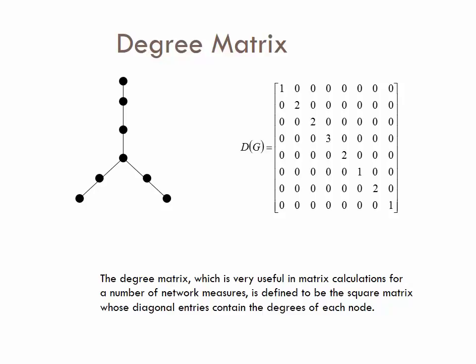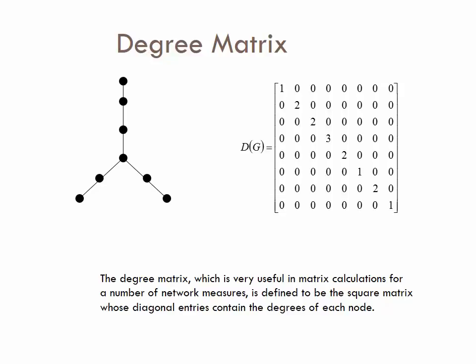Our next matrix is the degree matrix. Unlike the adjacency matrix, which is a relationship between 2 distinct nodes, the degree is a measure of a single node. Therefore, the degree measures are down the diagonal, and we have zeros elsewhere.